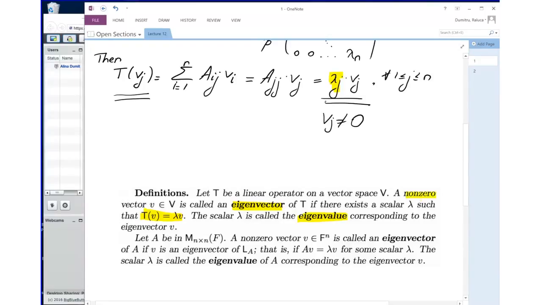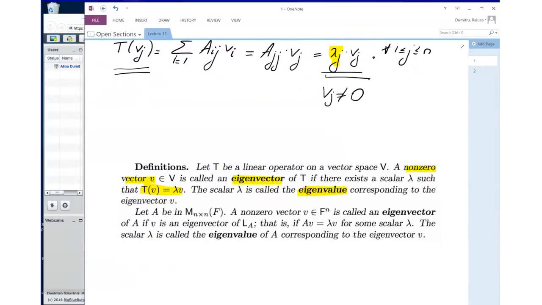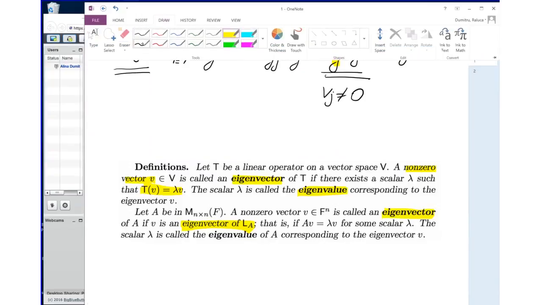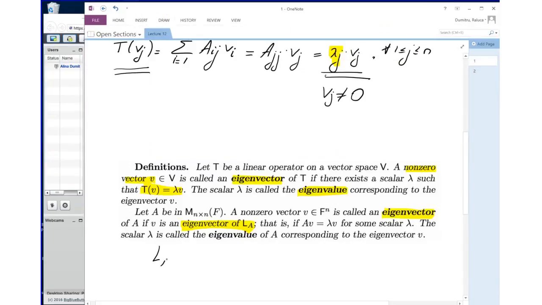So a non-zero vector is an eigenvector if T of V is lambda V, and lambda is called the eigenvalue corresponding to the eigenvector V. Similarly for matrices, an eigenvector of a matrix is an eigenvector of this linear transformation L sub A. What does that mean? It means that L sub A of V equals lambda times V. But L sub A of V is multiplication by the matrix A. So this is just A times V equals lambda V, and that's exactly what they have listed here.